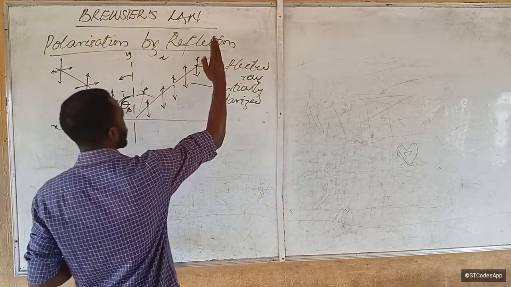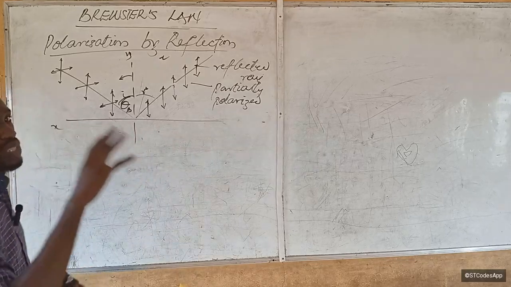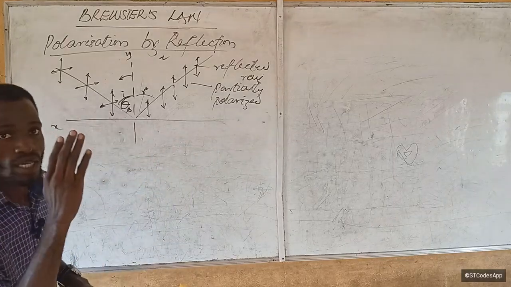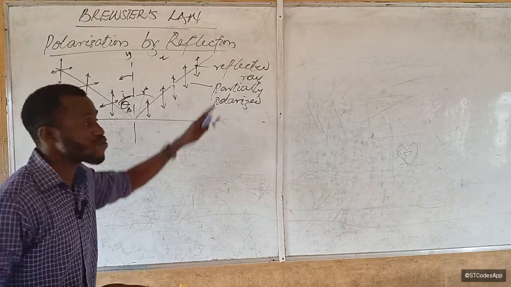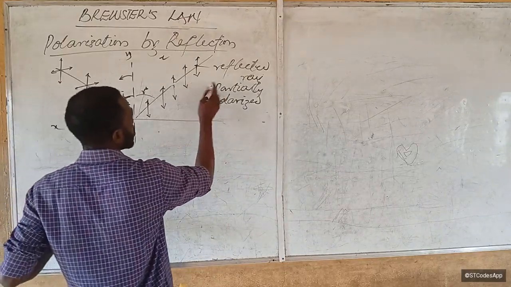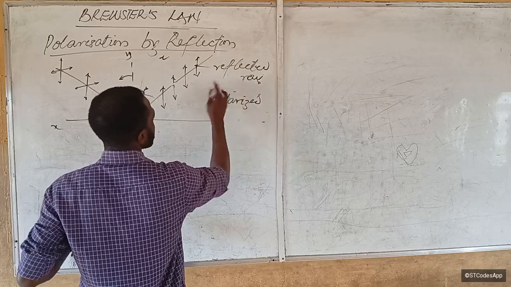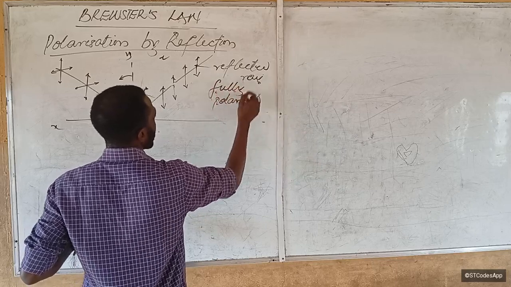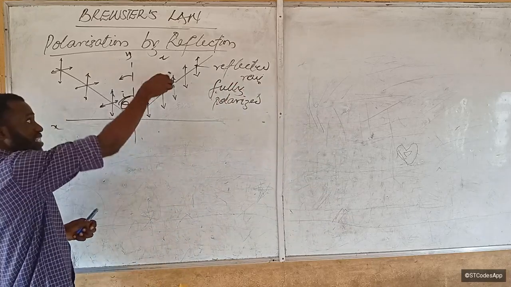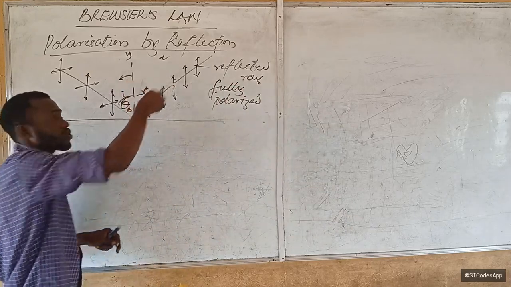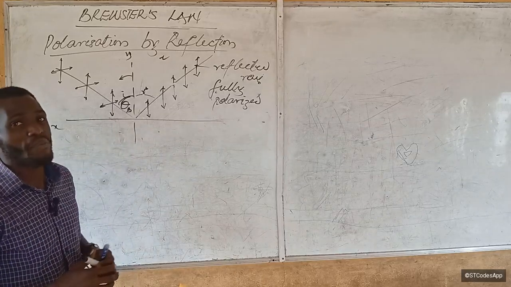All of the waves that are going to be shown here are going to be perfectly polarized, or fully polarized. So this will be said to be fully polarized. But before that point, the polarization will not be full, it will be partial.